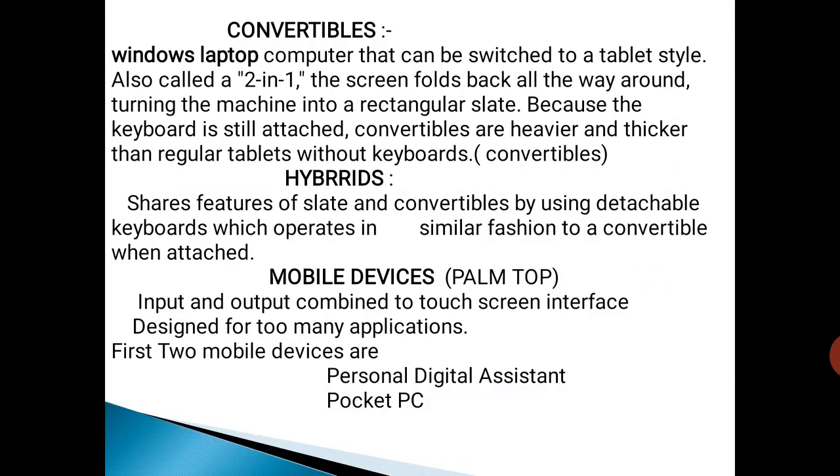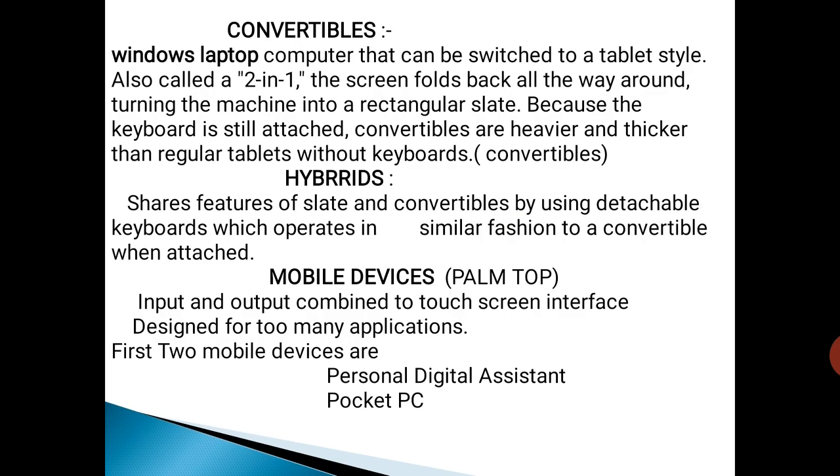And another type of computers is known as convertibles. And what is a convertible? It is a Windows laptop computer that can be switched to a tablet style. It is also called a two-in-one. The screen folds back all the way round, turning the machine into a rectangular slate.